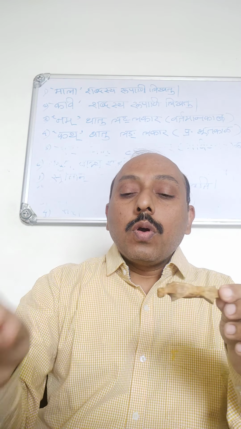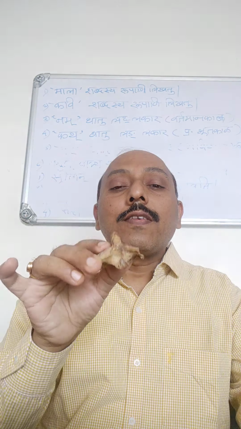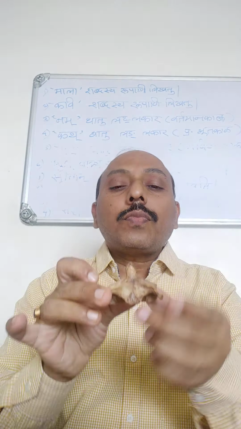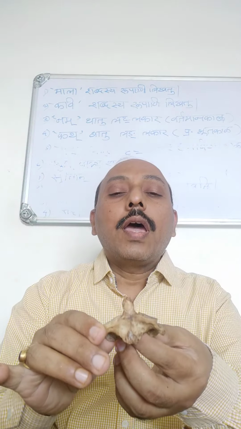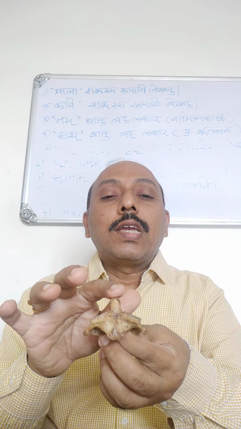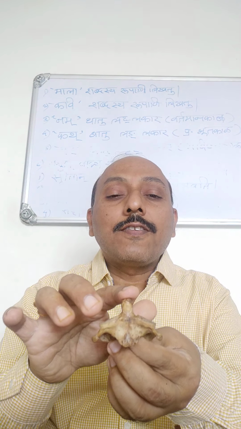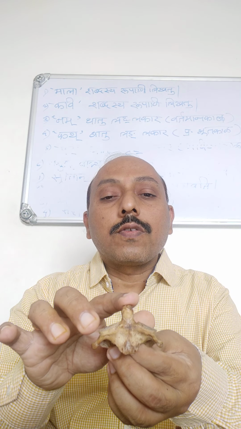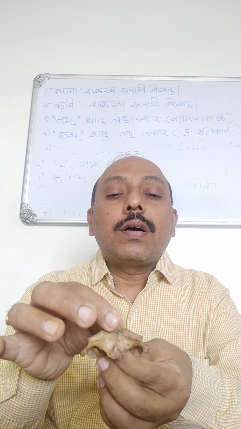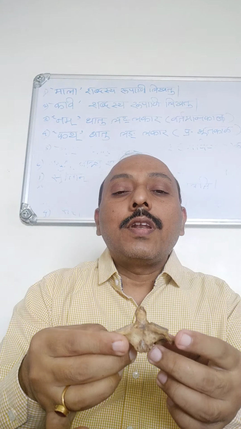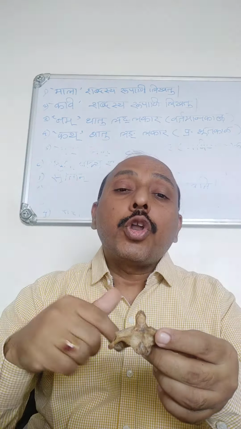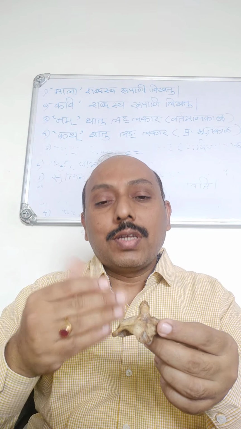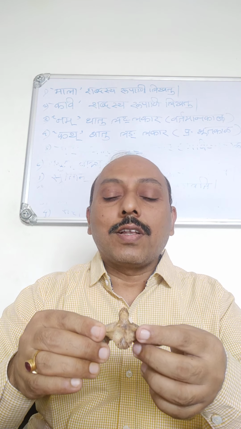Now the second cervical vertebra is called the axis. What are the special characteristics of the axis? The body of the axis is modified to form the dens process, also called the odontoid process. It represents the centrum of the body, and also the body of the atlas, as it articulates with the anterior arch to form the atlanto-axial joint.